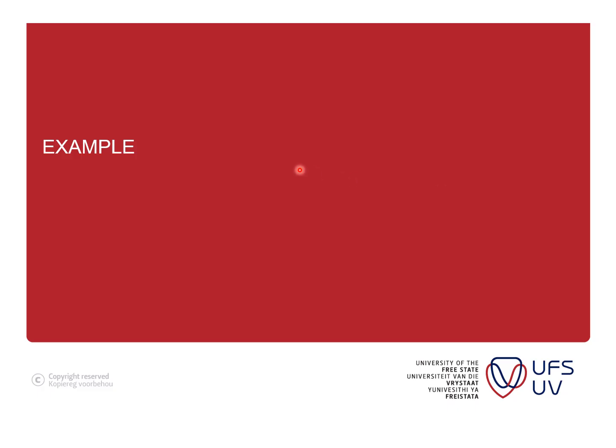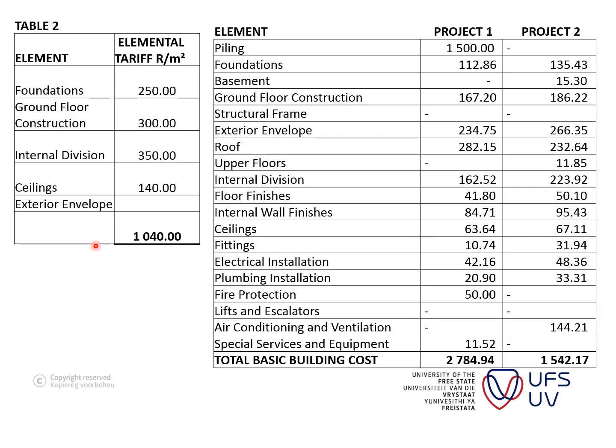What I did with the residential students is to give them the following example. This will be on the board, and then they had the opportunity to actually complete the following.